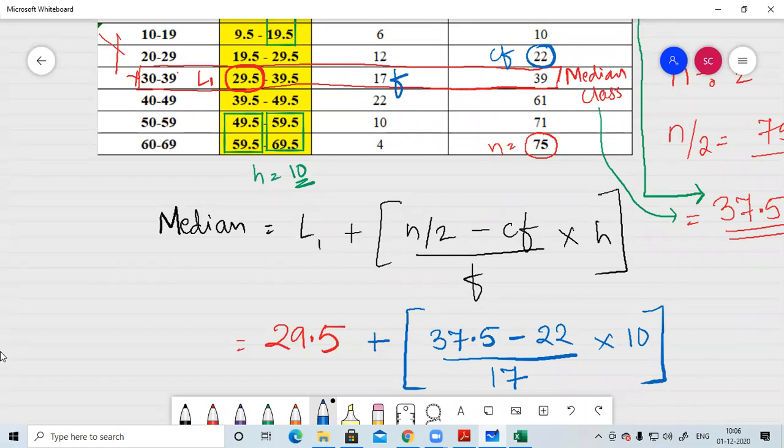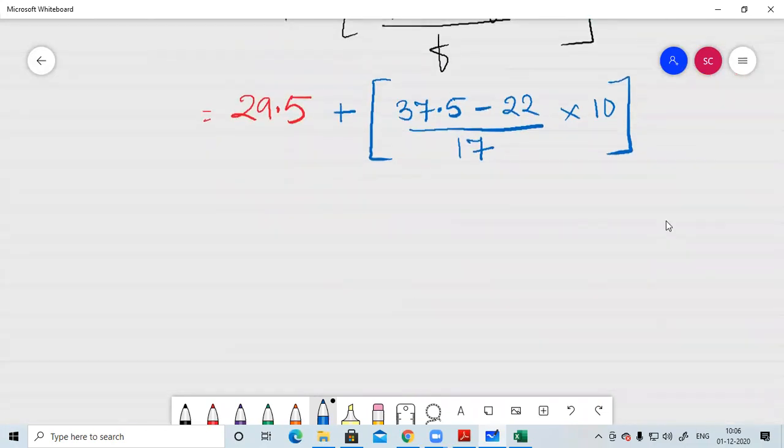Just a minute. Mouse started dysfunctioning. Okay. So 37.5 minus 22. If you have a calculator, you can do it in one step. After this step, you can directly give me an answer. I'll guide you how to do it also. But first, I will do it systematically to understand the calculations.